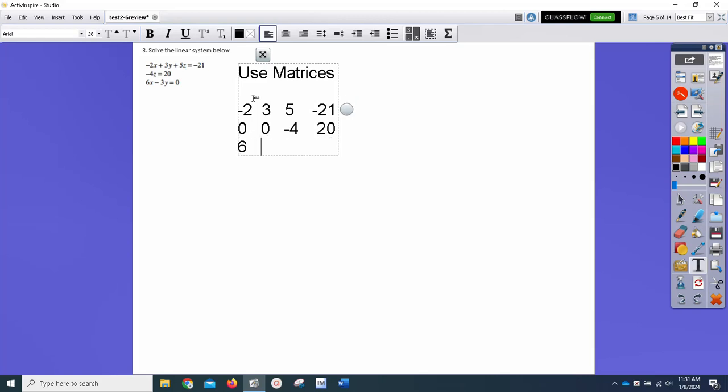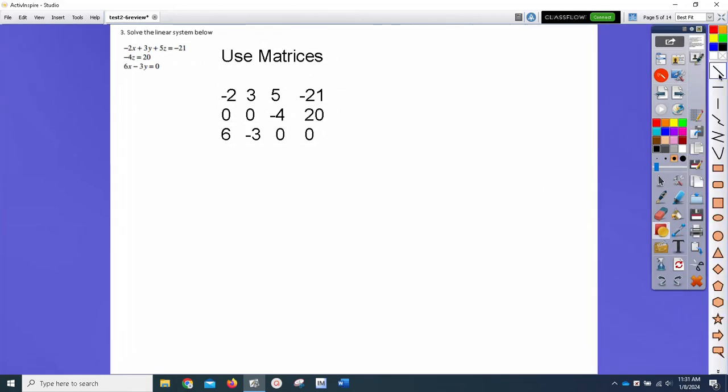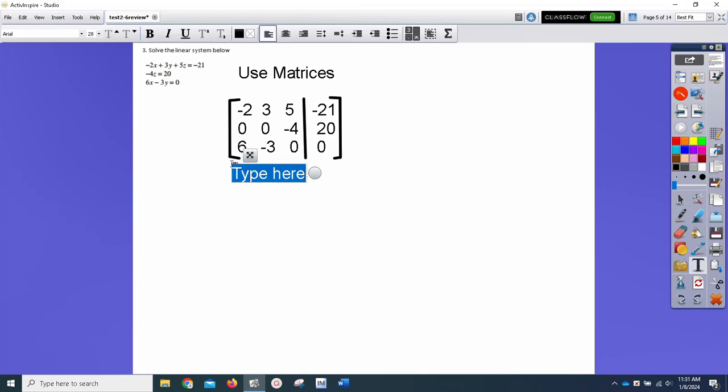Line 3 is a 6, a negative 3, no z, and a 0. I don't know if you remember what this is called or not, but this guy right here is called the augmented matrix. There you go. There's your augmented matrix.